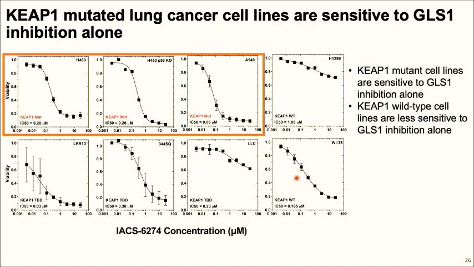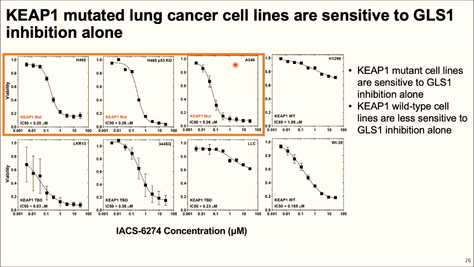Here are some of the data. These are several cell lines, all or most of them non-small cell lung cancer cell lines. The ones highlighted in the box are all KEAP1 mutated, and you can see that they're sensitive to the drug as a monotherapy.